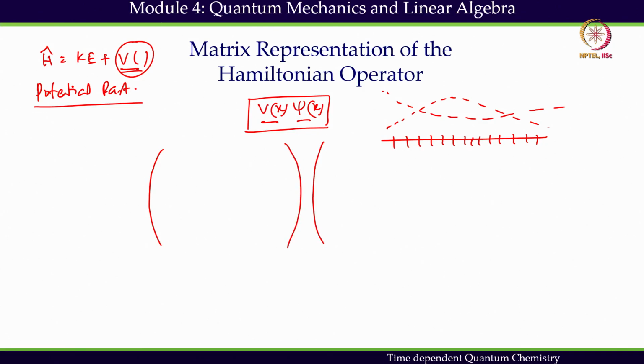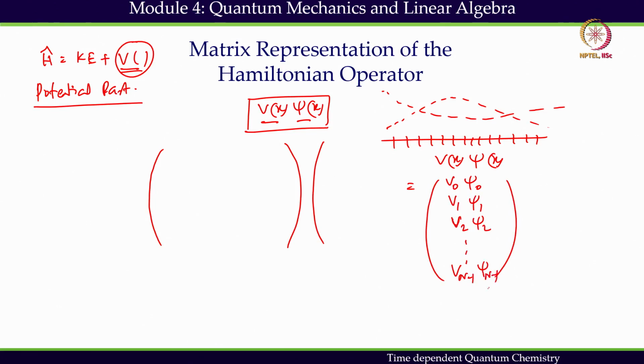So, in the end V(x)ψ(x) in the matrix form should be like V0ψ0, V1ψ1, V2ψ2 like this, and then V(n-1)ψ(n-1). Because we have taken psi 0 to be 0, the first term and the last term will be gone because of the boundary condition. So, I have now V(n-2) multiplied by ψ(n-2).